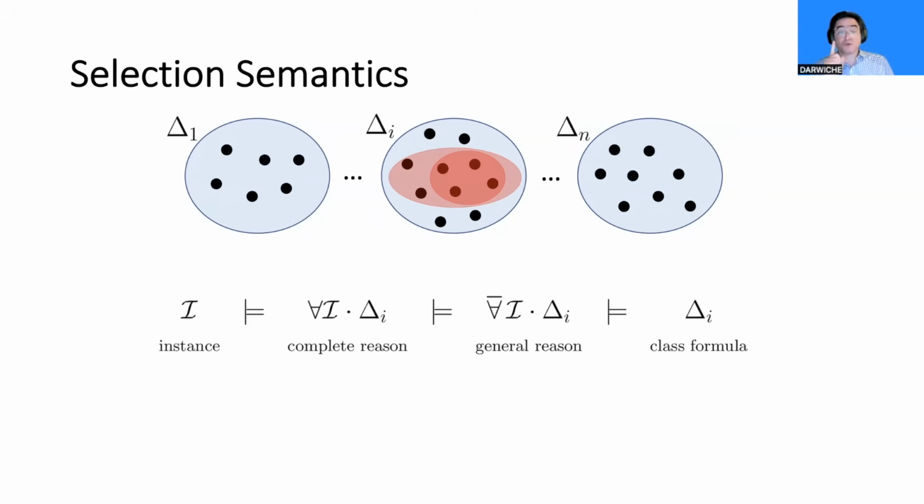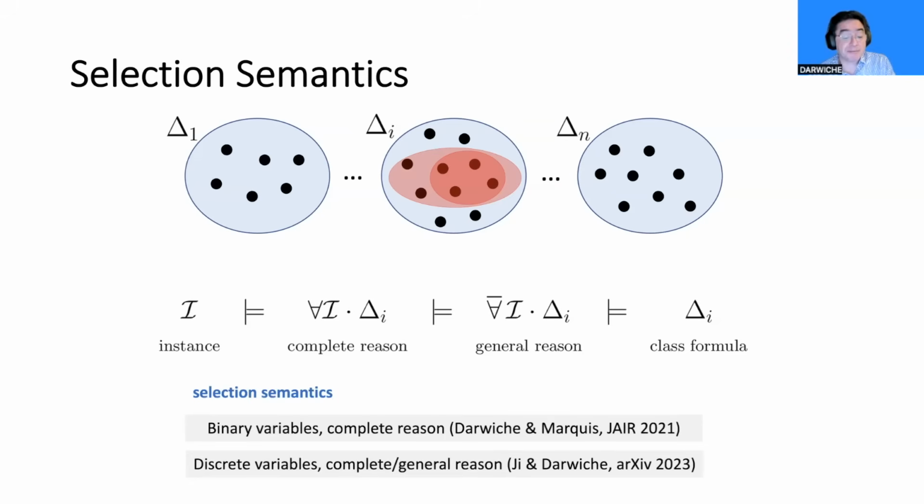And remember once more, these two collapse to each other if every variable is binary, right? So they are distinct if some of the variables are discrete and have more than two values. And that's basically this comprehensive theory about explainability in the presence of discrete variables.